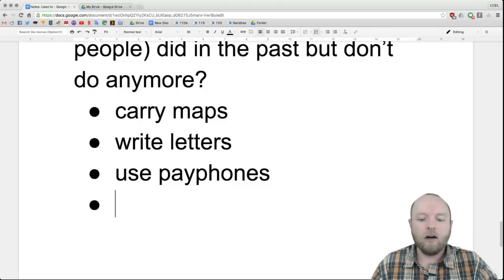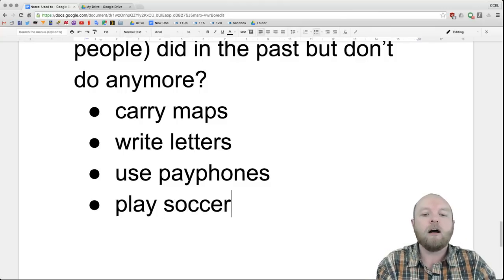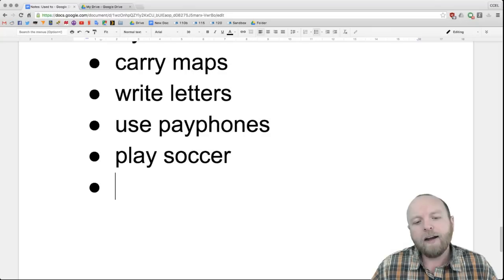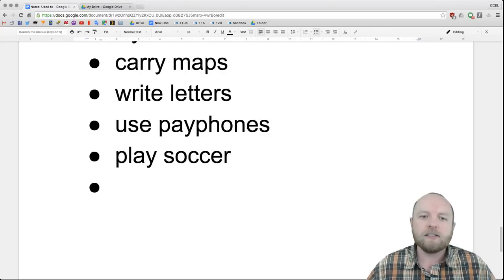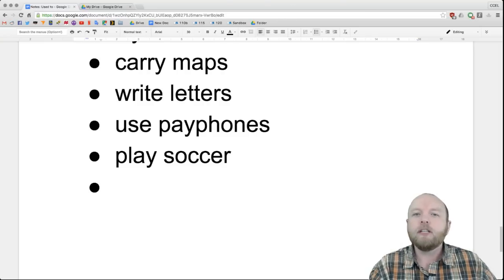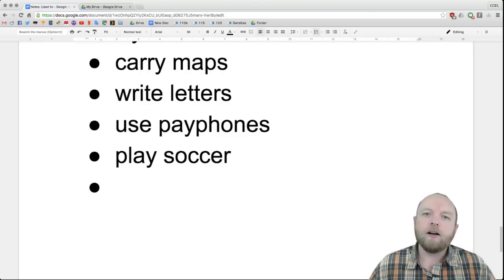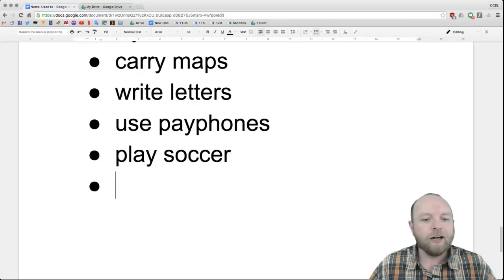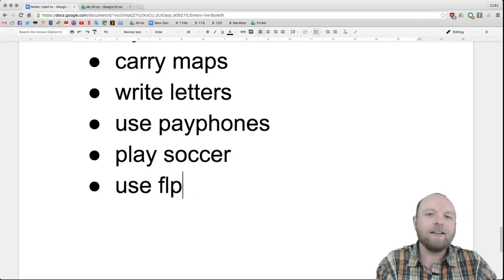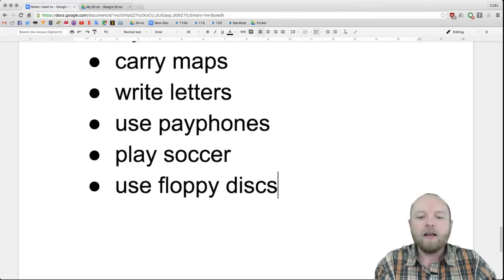Okay, Artur example, plays soccer. So Artur, I forget how old you are, but I think maybe you're about 25, 26, right? And when you were a child, you played soccer, but now you don't play soccer. Okay, somebody from Russia, excellent example.